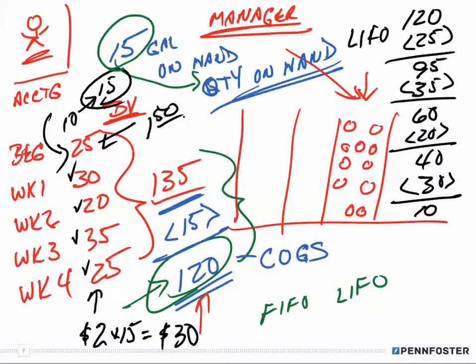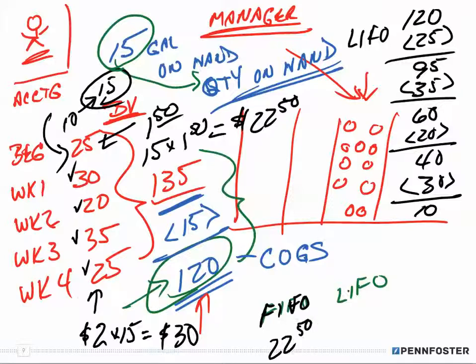So if there were 15 of them at $1.50, my inventory valuation would be $22.50.